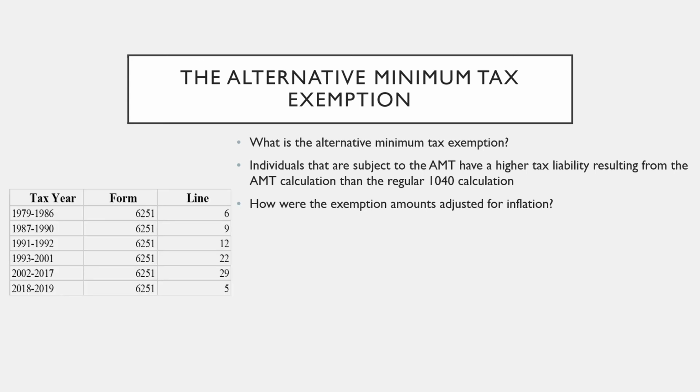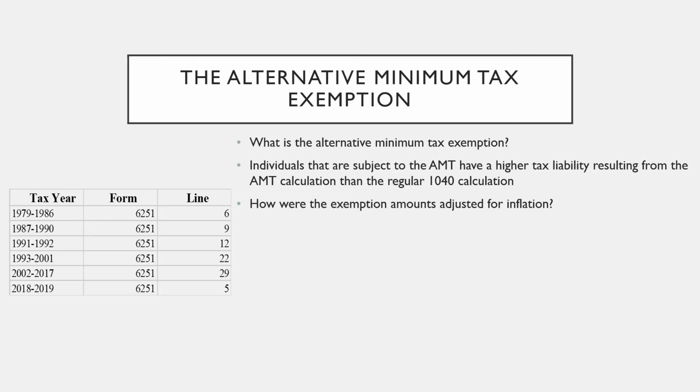To adjust the exemption amounts for inflation, I looked at Form 6251 for tax years 1979 through 2019 on the IRS website and used the amounts found on the form for each filing status.